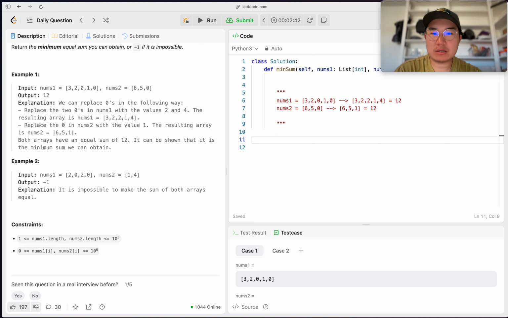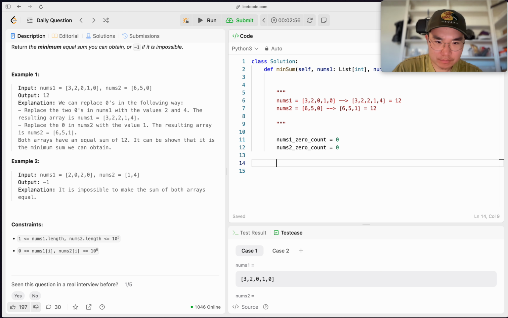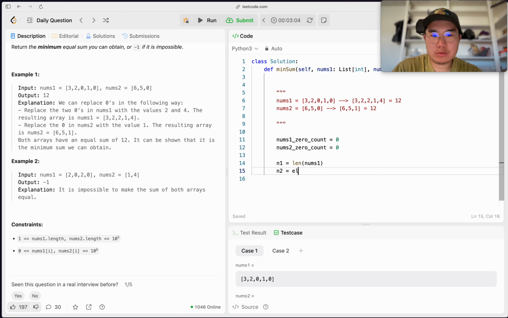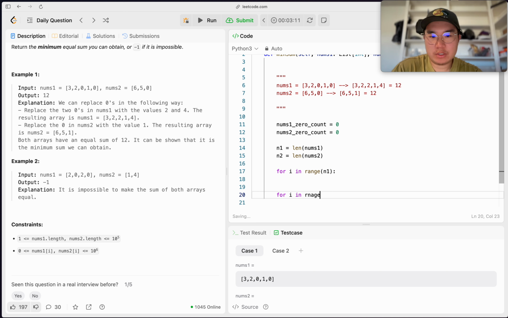But I think it would be good to have nums1 zero count, counting how many zeros there are, and nums2 zero count. So n1 is the length of nums1, n2 is the length of nums2.